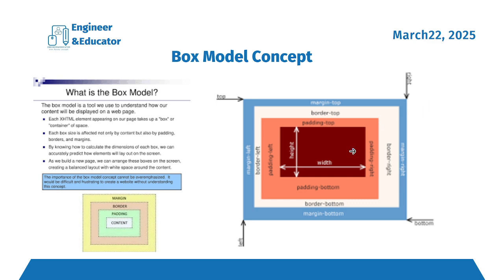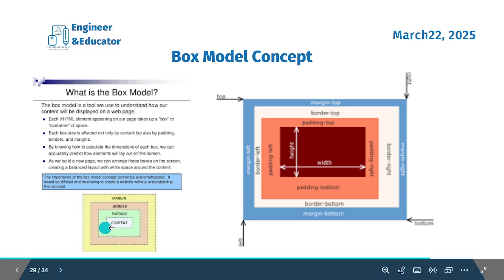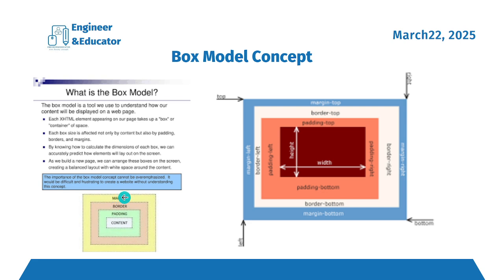So you can see here how much content. This part is where you have the content. How much the content is away from the border, that is the padding. Then the border, how much it is away from the margin. You can see there is margin top, margin left, margin right, margin bottom.